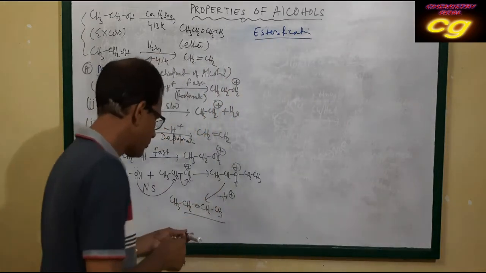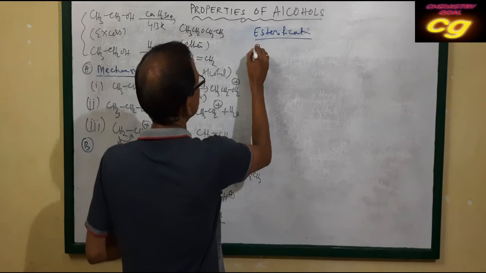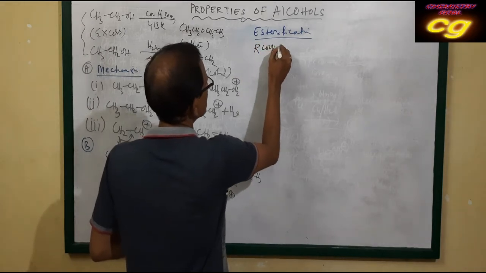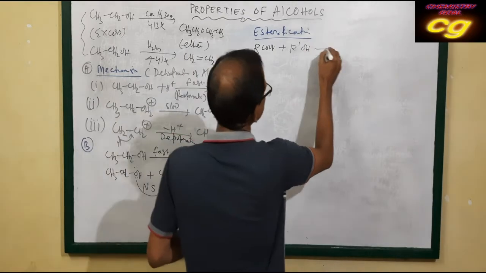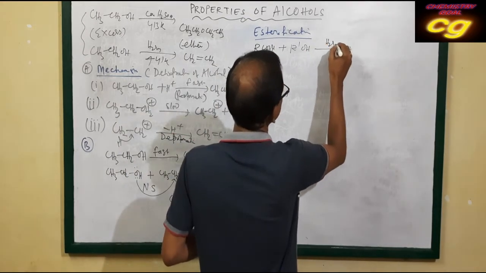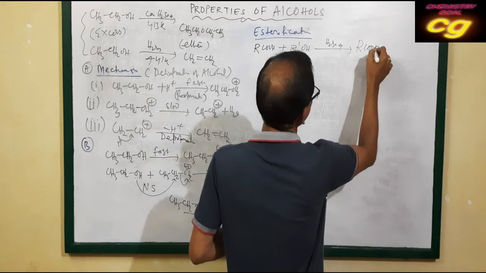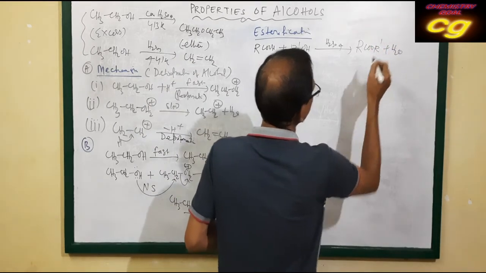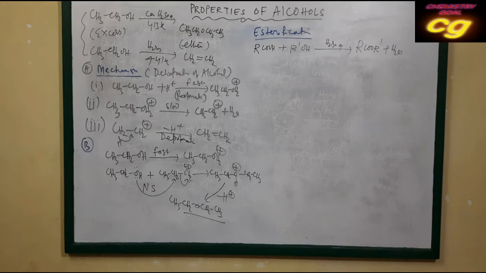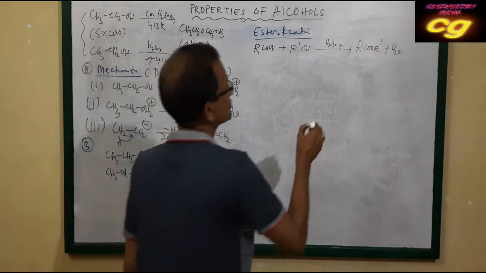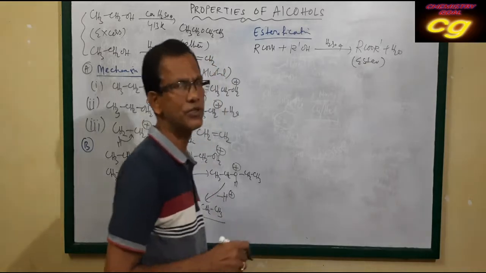In esterification, what happens here: the acid RCOOH reacts with alcohol R'-OH in the presence of sulfuric acid, forming ester RCOOR' plus water. Here loss of water takes place, and this reaction is called esterification because of the formation of ester.